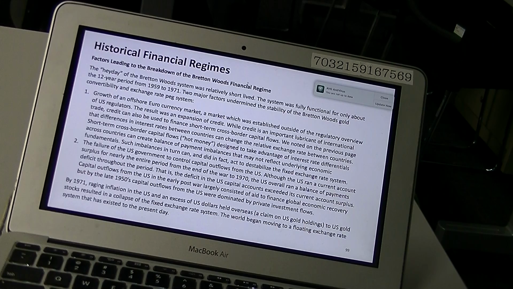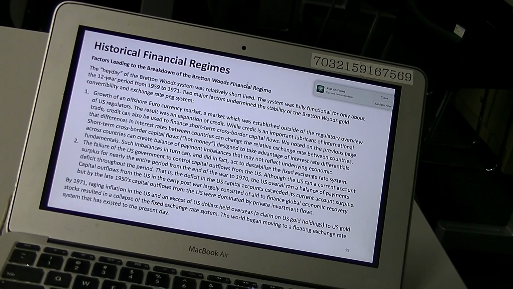So there was an expansion of credit in Europe, which began stimulating an increase in cross-border capital flows. You began to get interest rate differentials and increases in cross-border capital flows. There was an expansion of credit, and the system began becoming unstable.